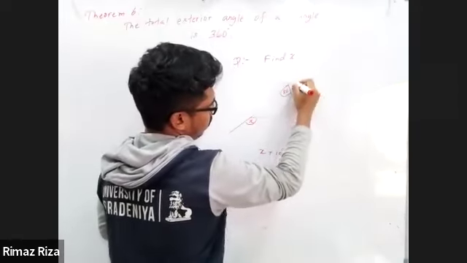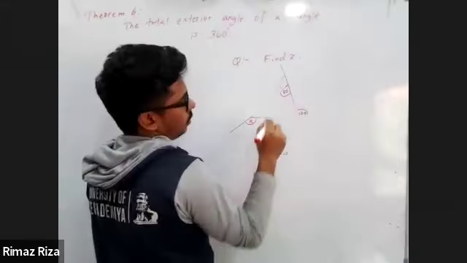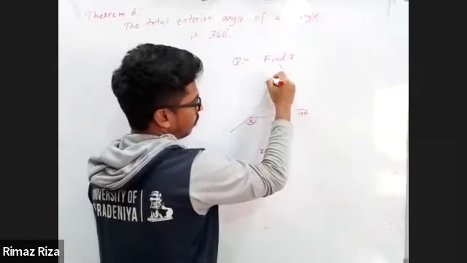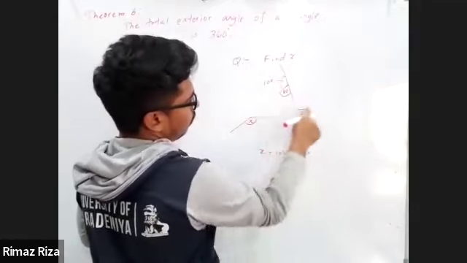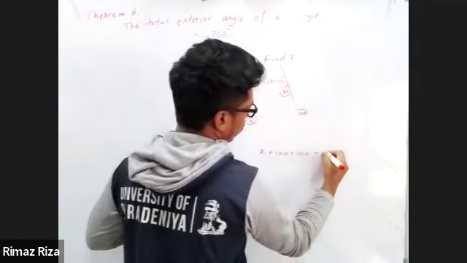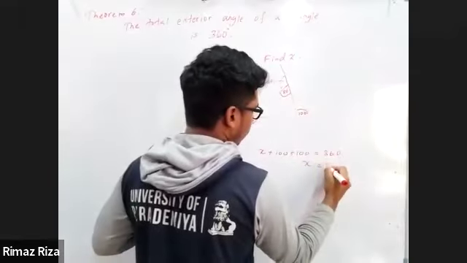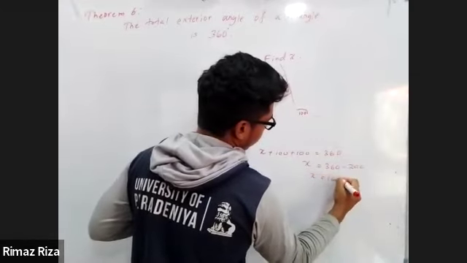Likewise, you can't take this angle. You have to take this angle, no? Right? So if this angle is 80, this angle will be 100. Okay, so plus 100, because the sum of the exterior angles is only equal to 360. So therefore, x equals 360 minus 200. X equals 160.